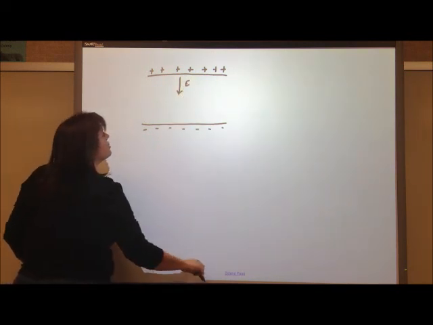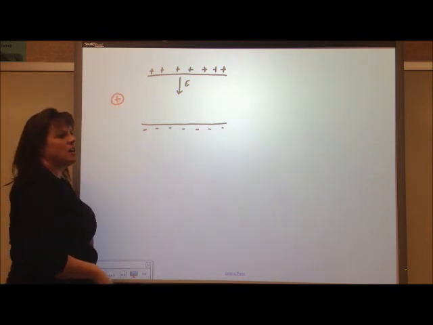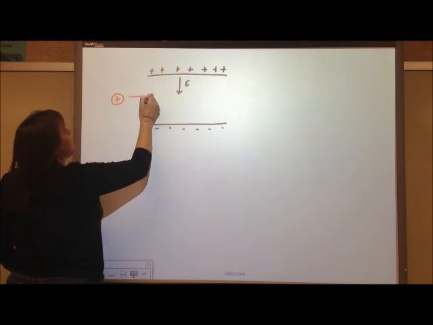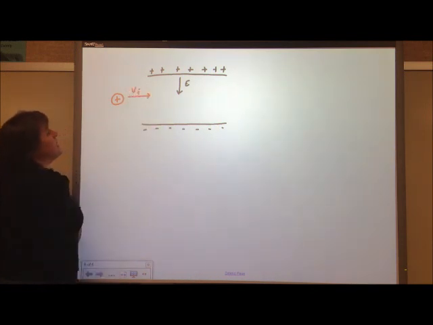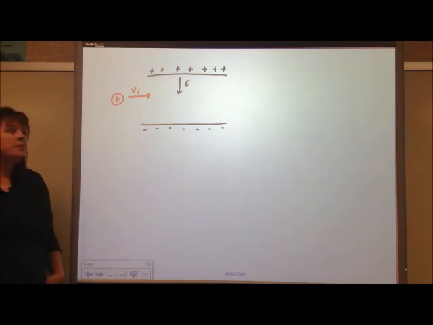And if I take a charged particle, for example a positive charge, maybe it's an alpha particle, and we give it some initial velocity that's all horizontal, we send it in here, what's going to happen?